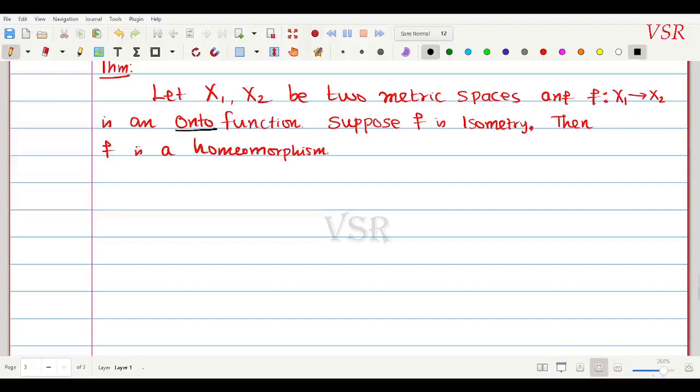So what do I need to prove now? To prove that f is bijective, we need to show f is 1-1, f is continuous, and f inverse is continuous. We need to show all three. Okay, so we will go for a solution proof.